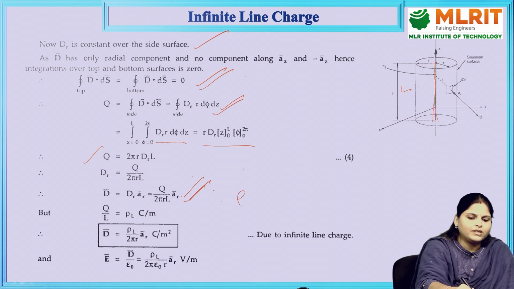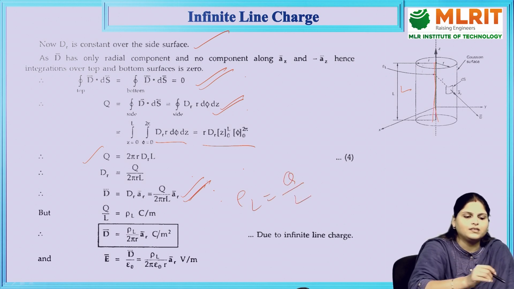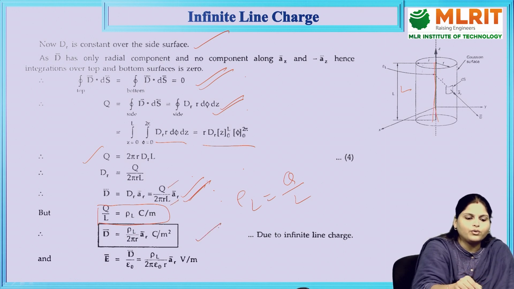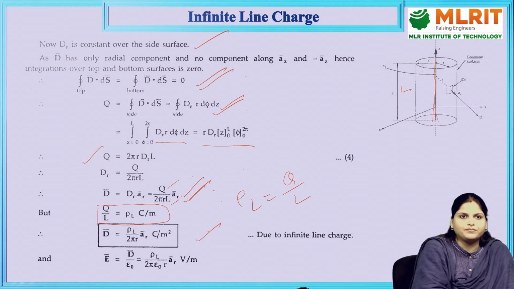And as we know, the line charge density is charge per unit length. So Q by L is equal to rho L coulomb per meter, and in place of Q by L, we can put rho L. So this formula becomes D is equal to rho L upon 2 pi r a_r, and the unit is coulomb per meter square.